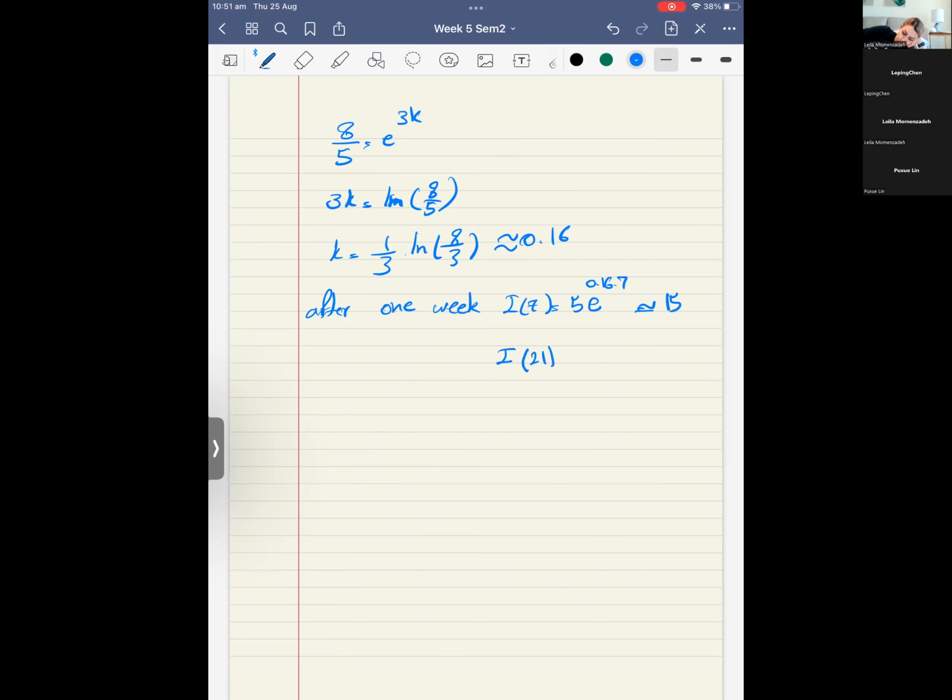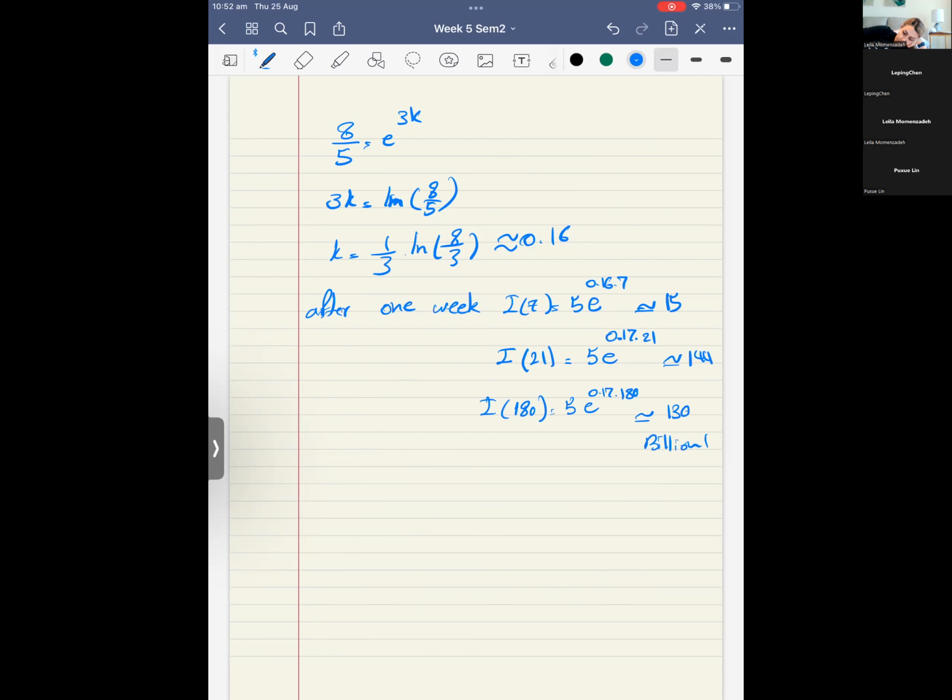I(21), after 3 weeks, would be equal 5 e^(0.16 times 21), about 145. And for example, after 6 months, I(180) would be 5 e^(0.16 times 180), about 130 billion people.